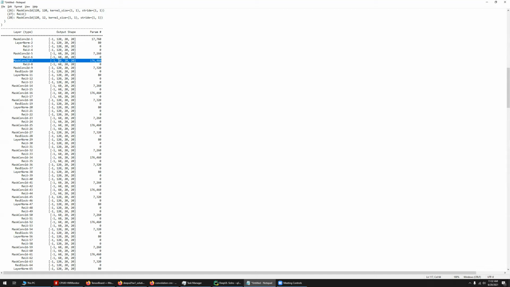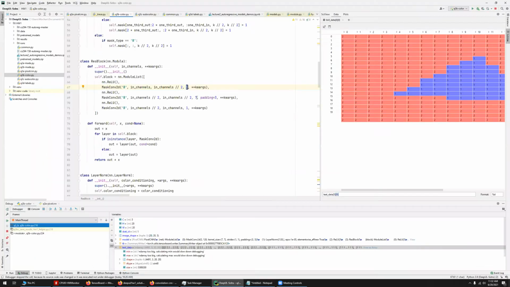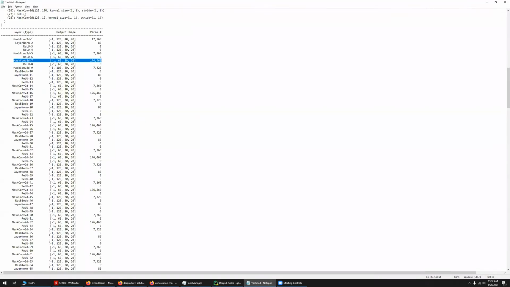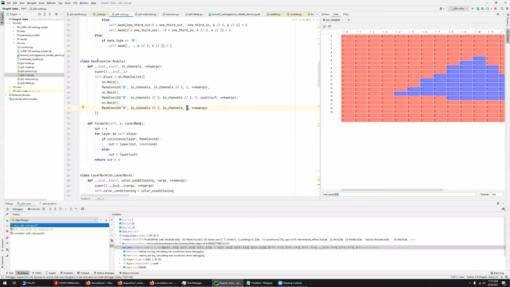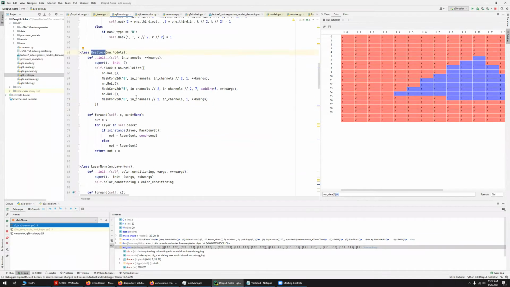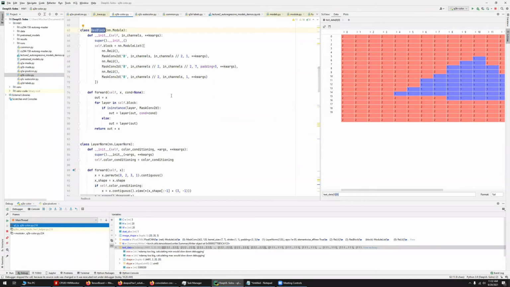And this 7 by 7 with padding 3 is the one that we used in the previous one. That's where the masking occurs. And then there's another 1 by 1 convolution, which is again used for changing the 60 back to 120. And then it goes back and forth, 120, 60, because they've stacked a whole bunch of it. And the name is residual block because it comes from the idea of skip connections.